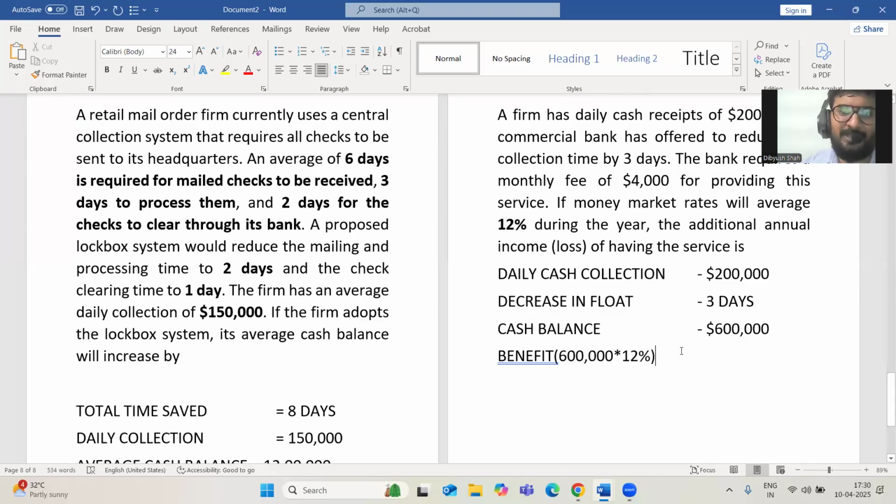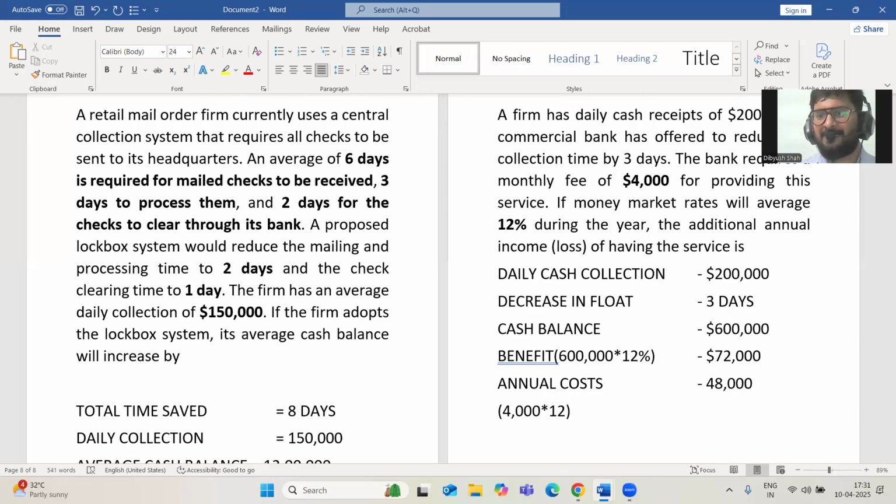So what is my total benefit? $72,000. And what is the bank asking? Monthly fees, $4,000. So the annual fees that will be charged by the bank are 4,000 into 12, that is $48,000.